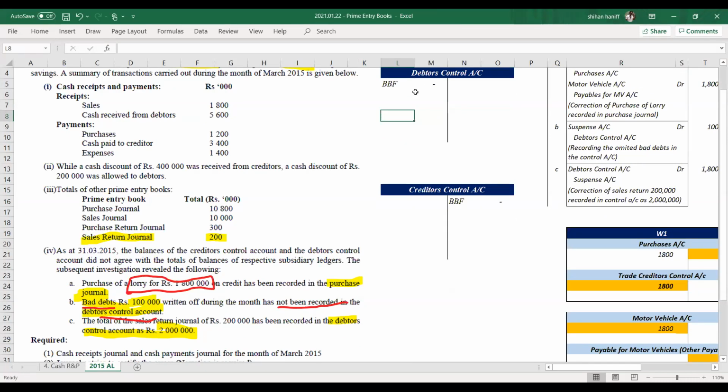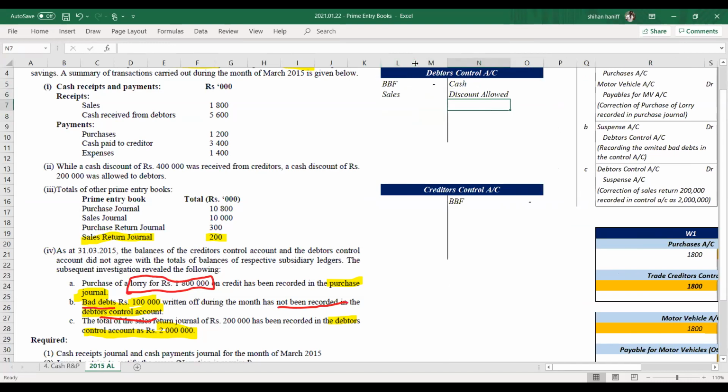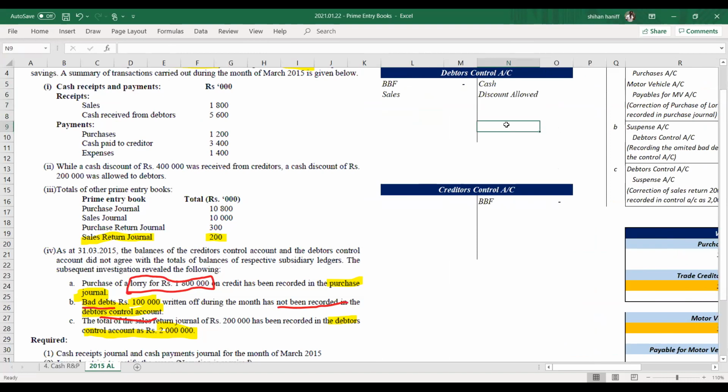Debtors control account and creditors control account. So in the debtors control account, before correcting the errors, there is sales. You need to record the sales, then the cash received, discount allowed, and sales return.